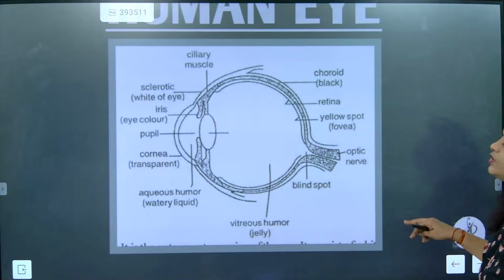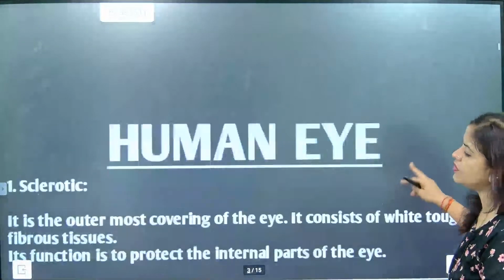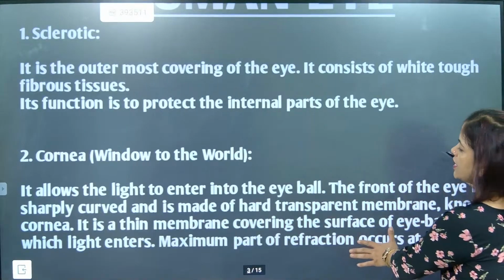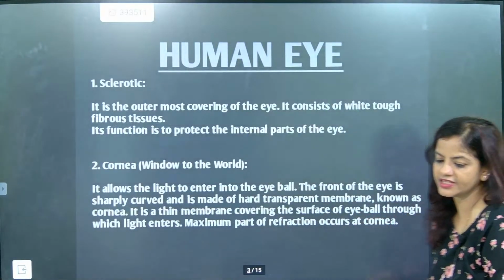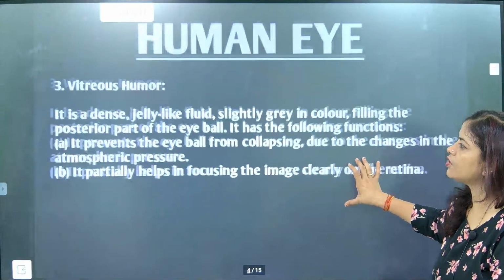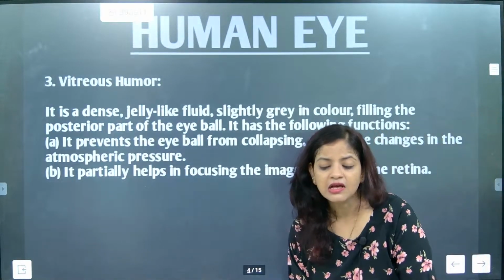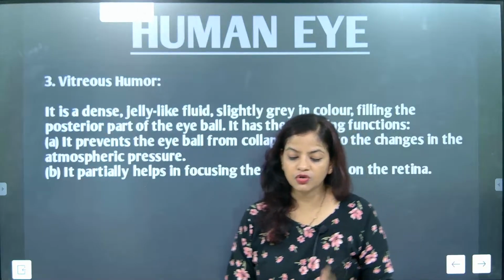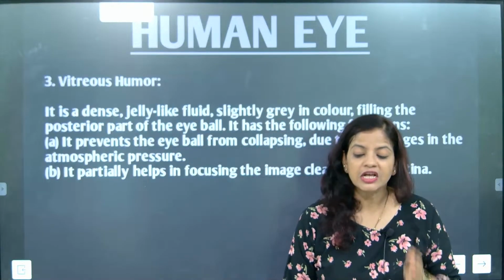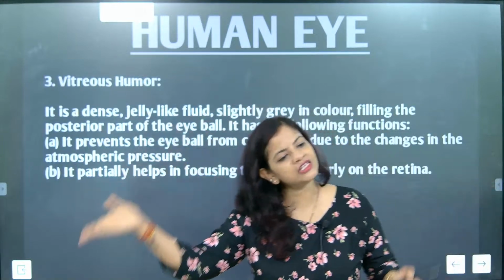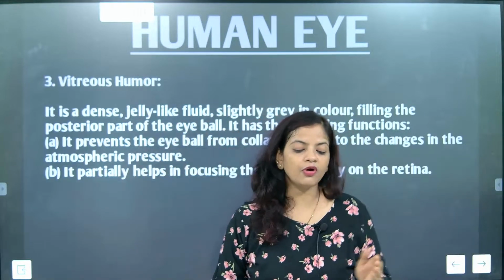Next important point we are going to understand. Now we have learned about cornea and sclerotic. Now we are going to talk about aqueous humor and vitreous humor, the two important fluids present inside, one before the lens and one after the lens. Now talk about vitreous humor.